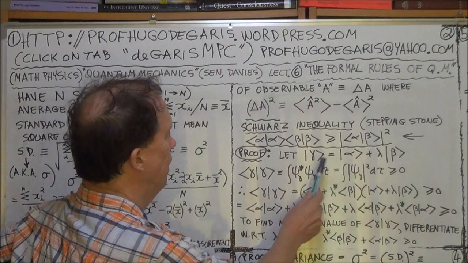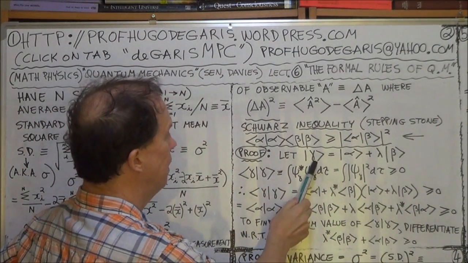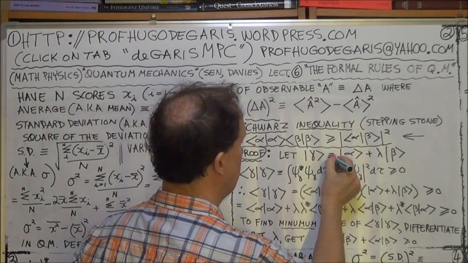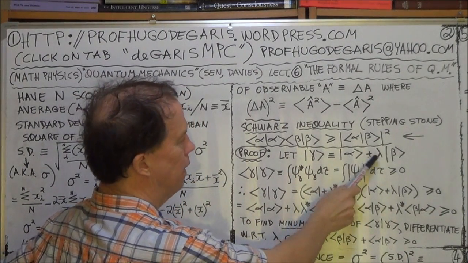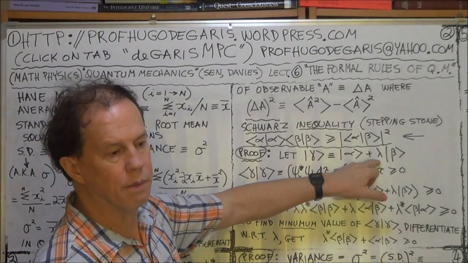Okay, so this is just a ket. Just think of it as a wave function. And gamma. So let gamma be defined as ket alpha plus lambda ket beta, where lambda is just some complex number constant.